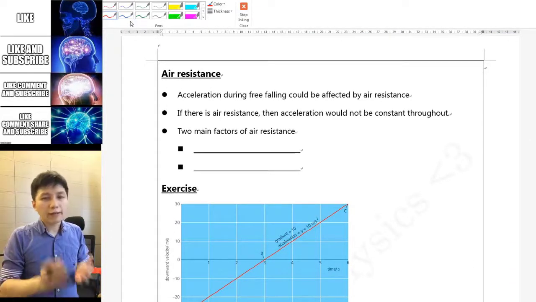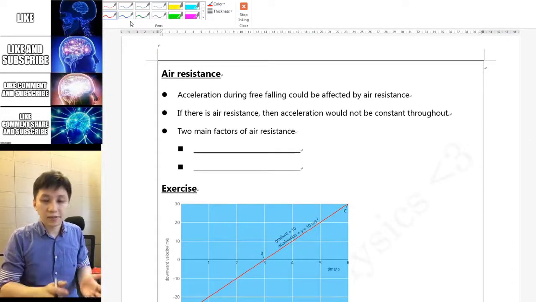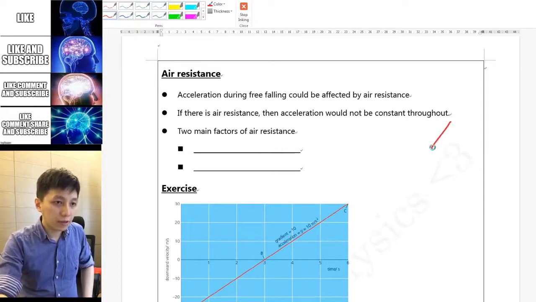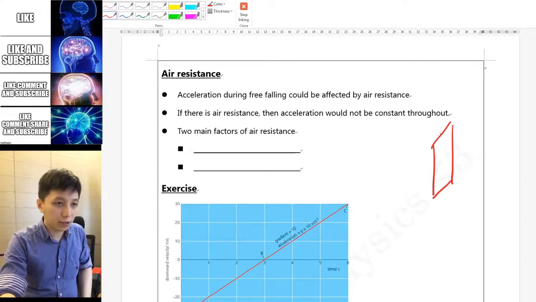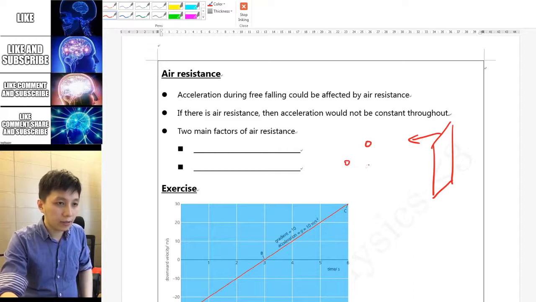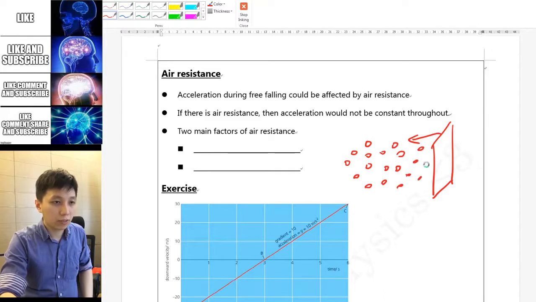The best way of understanding and explaining air resistance is by particle theory. So imagine this: you get a piece of paper to be the object, and this object is moving to the left on my screen. Apparently everywhere, unless you are in space or in a vacuum, there will be air particles, right? You cannot see them, but you know they exist.